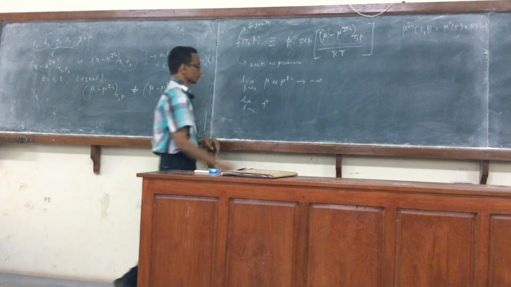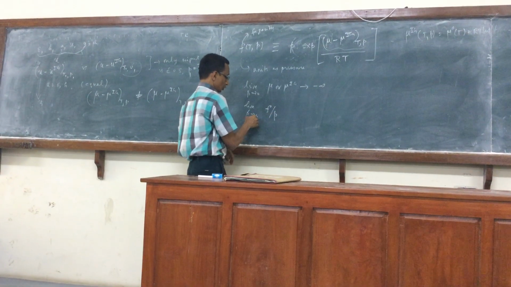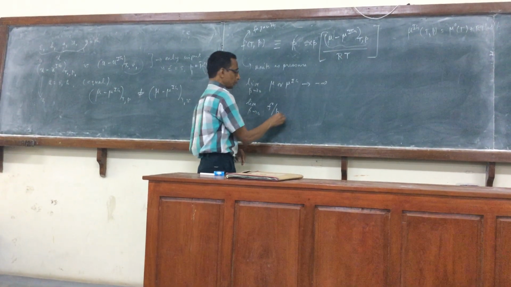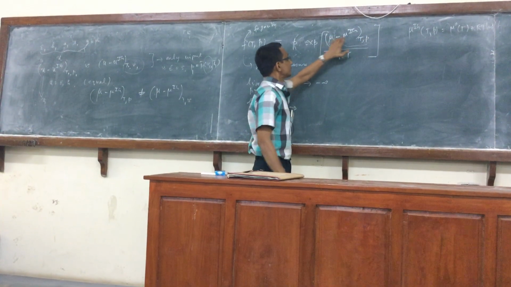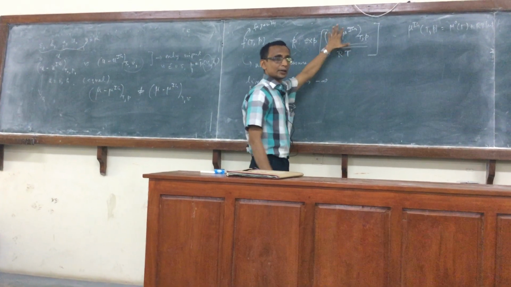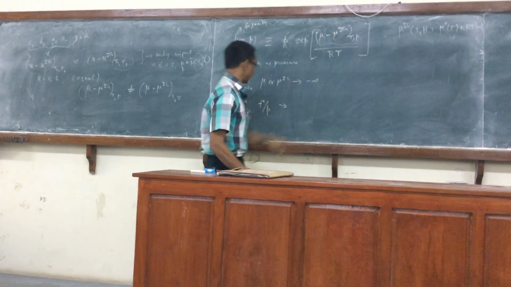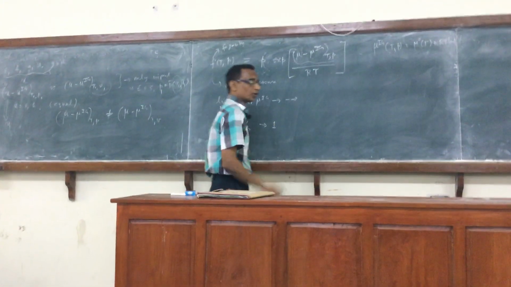Or rather, of the ratio f over P? Because as the pressure goes to 0, these two become the same. The exponential of 0 will be 1. So the ratio f over P goes to 1.